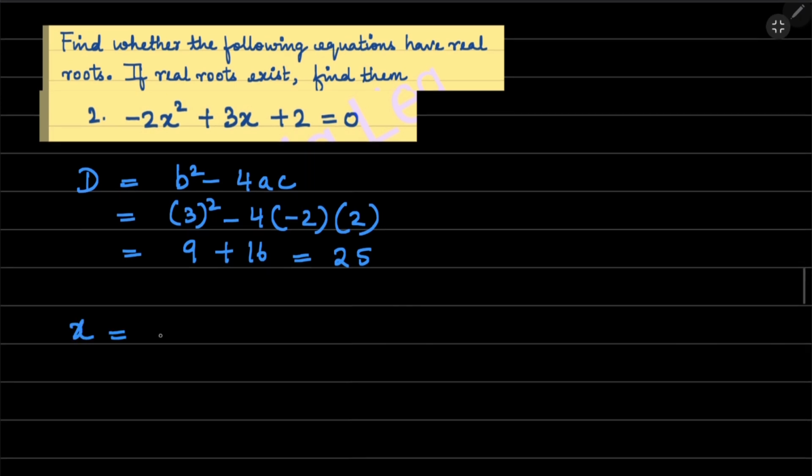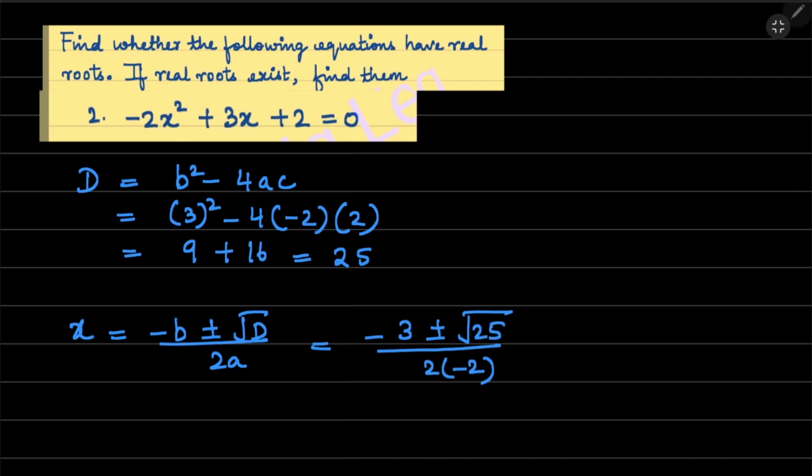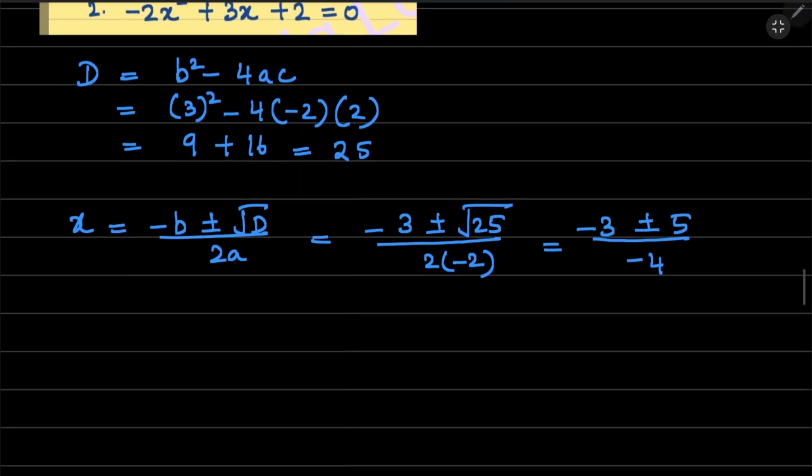Therefore, x equal to minus b plus or minus root d by 2a. Let's substitute. So, minus 3, b is 3, plus or minus root of 25 by 2 into a. a is minus 2. So you have minus 3 plus or minus root 25, which is 5, divided by 2 into minus 2, which is minus 4.